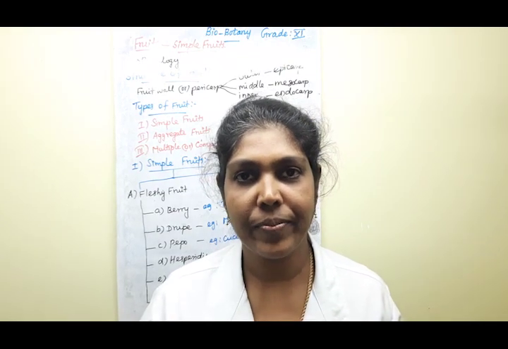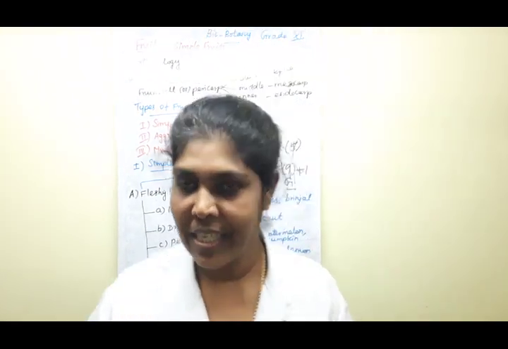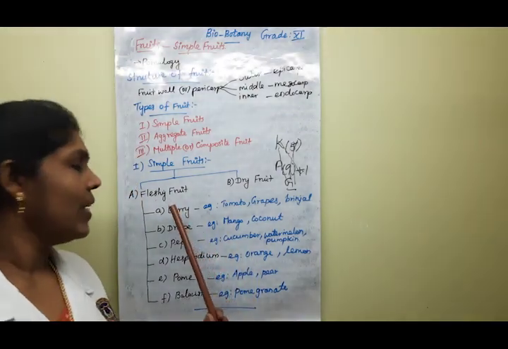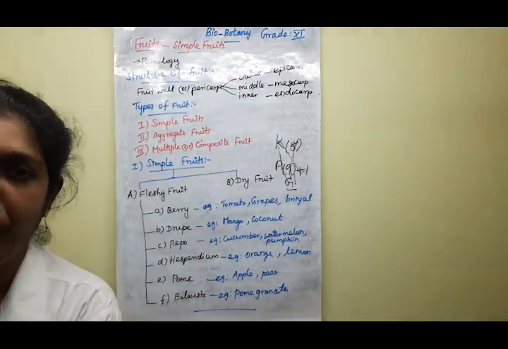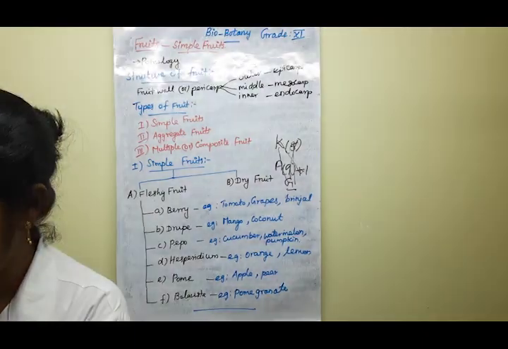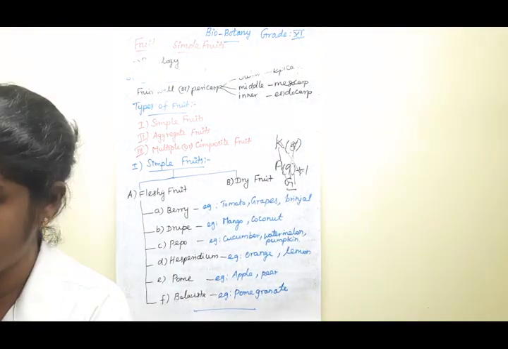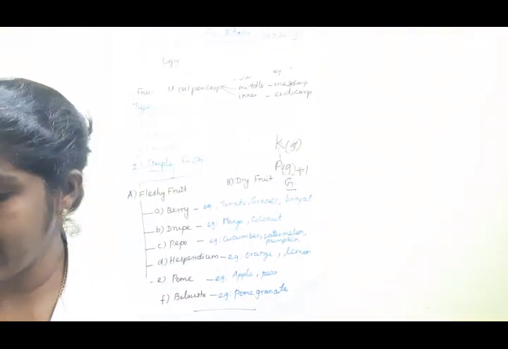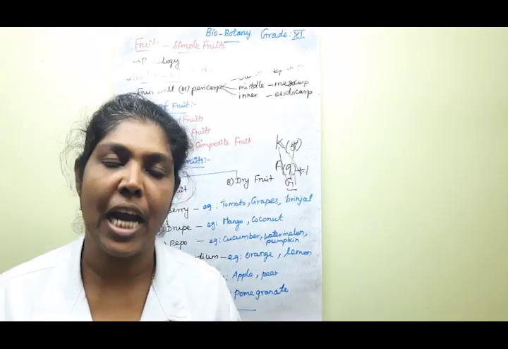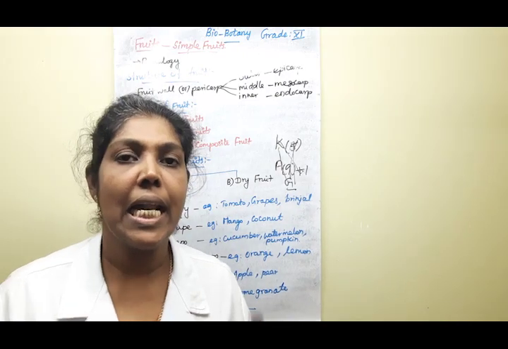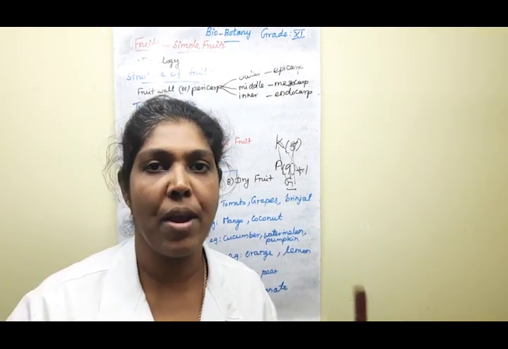Berry type, drupe type, pepper, Hesperidium, pome and the last one is the balausta. These are the types of fleshy fruits. Clear? Let us learn them one by one.